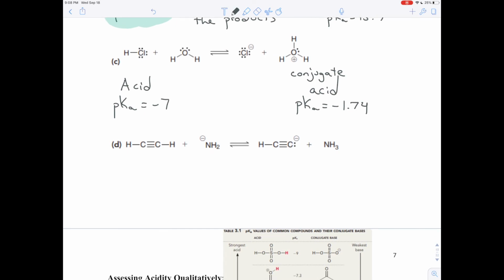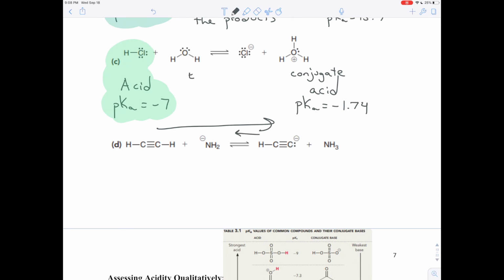So the acid with the more negative pKa, with the lower pKa, the pKa that's more to the left on a number line, that is the stronger acid. -7 is more negative than -1.74. And so that's going to give its hydrogen away more often. That forward reaction will happen more than the reverse.